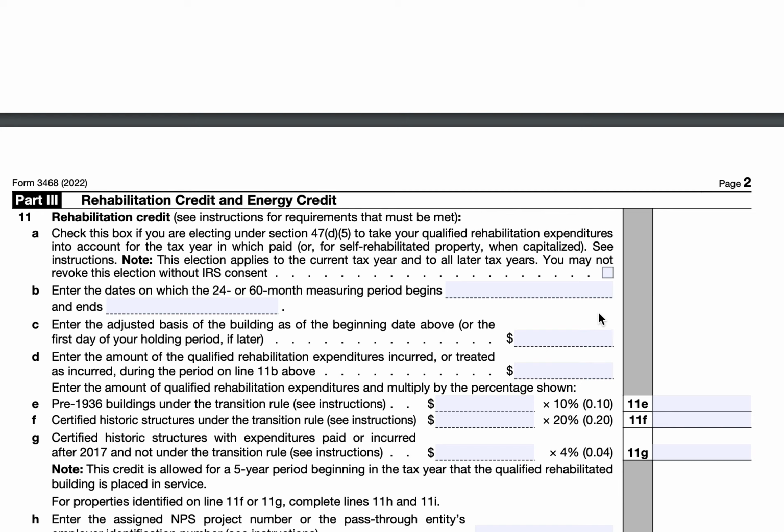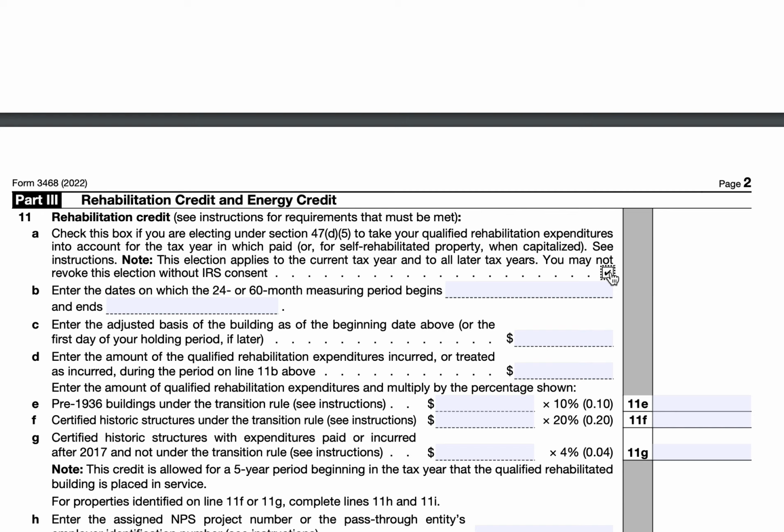So in order to do this, the normal rehabilitation period for the building should be at least 2 years, and it should be reasonable to expect that the building will be a qualified rehabilitated building when placed in service. So if you want to take this credit in the year that you paid the expenses, even if the building's not in service, you can make that election.